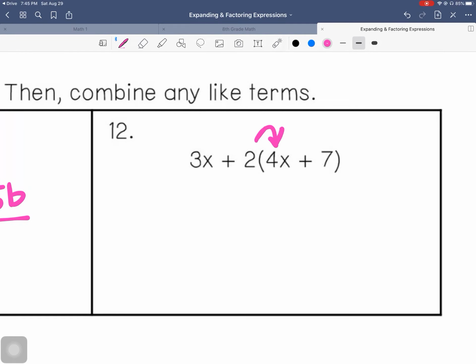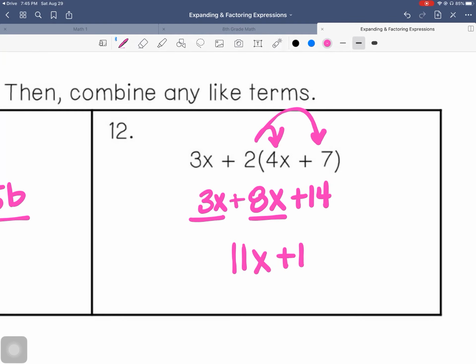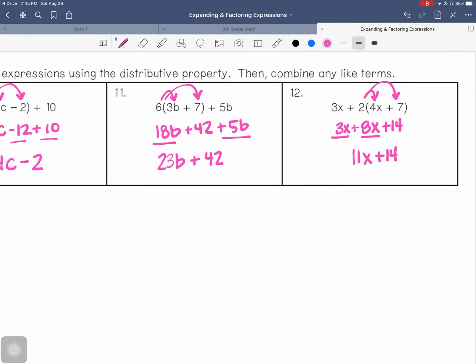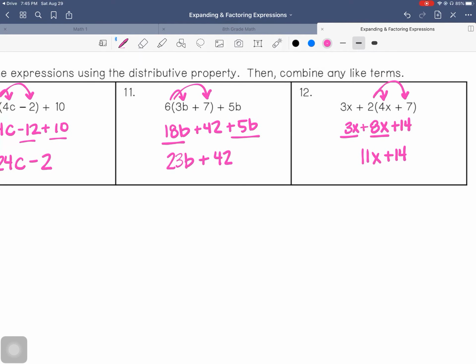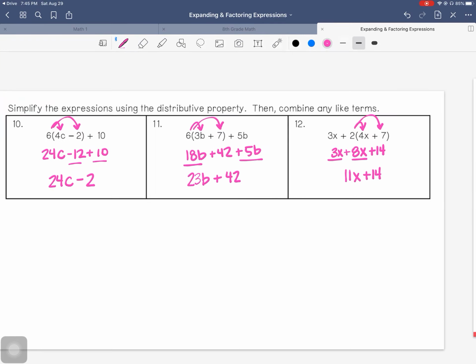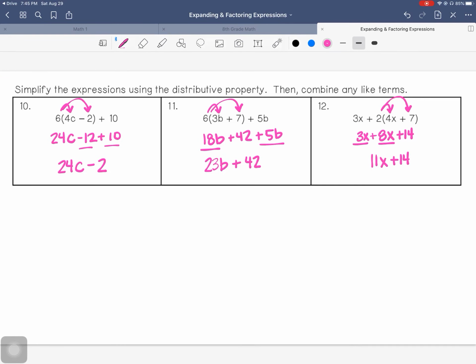All right, I'm going to distribute the 2, and I'm going to bring down my 3x. I have a pair of like terms, and that is my simplified expression. Please pause and put this in your notes.